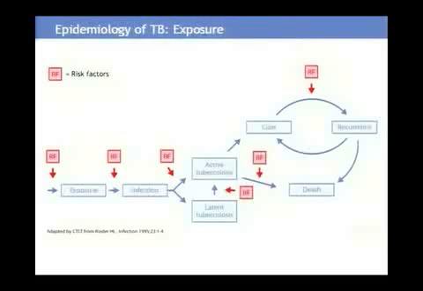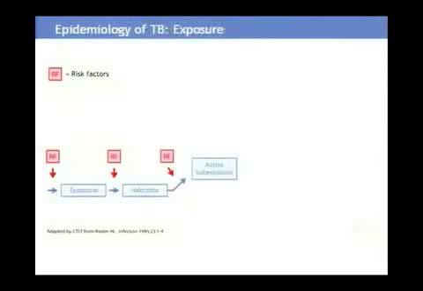Those who then progress to active TB will either be cured by treatment, or they will die. And among those who are cured, they can either have a recurrent TB event, which refers to either a relapse of their current TB, or a new infection with exogenous tuberculosis at a later date. Among those who recur, they can either be cured, or they can die.